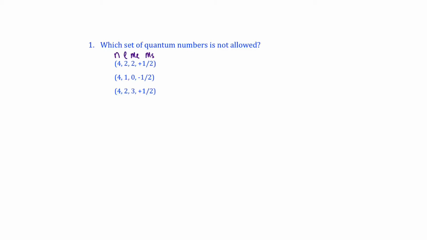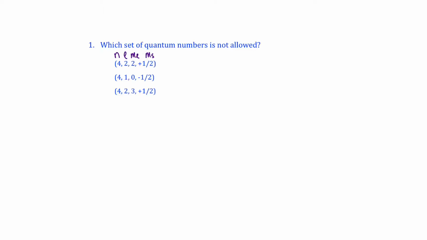If n equals 4, we ask ourselves, is there anything preventing our l from being 2? If we have n equals 4, we should have options for l of 0, 1, 2, or 3. Remember, go up to n minus 1. So an l of 2 is okay, nothing bad so far. Then we know that m sub l can range from minus l through plus l, all of those integers.